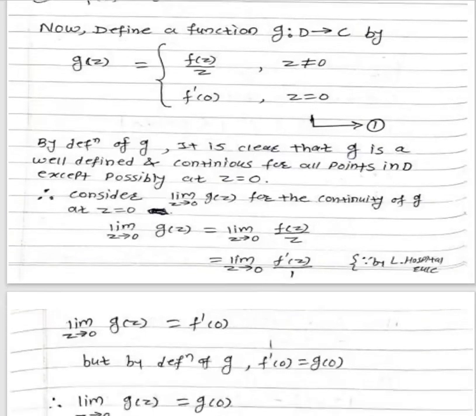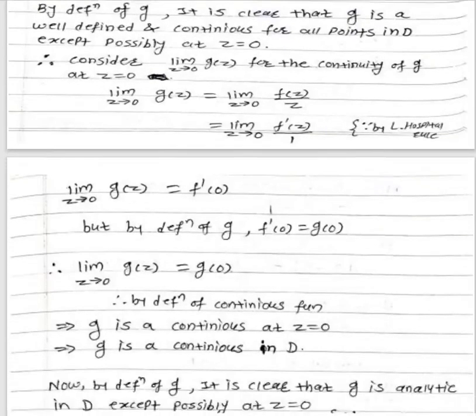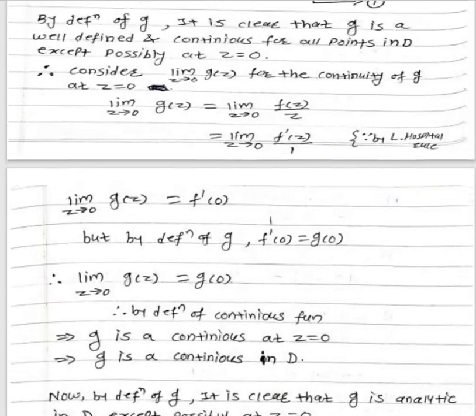By using L'Hospital's rule, take the derivative of the numerator as well as the denominator. Differentiation with respect to z gives f dash of z upon 1. Taking the limit z tends to 0, put z equal to 0, we get f dash of 0. So limit z tends to 0 g of z equal to f dash of 0.